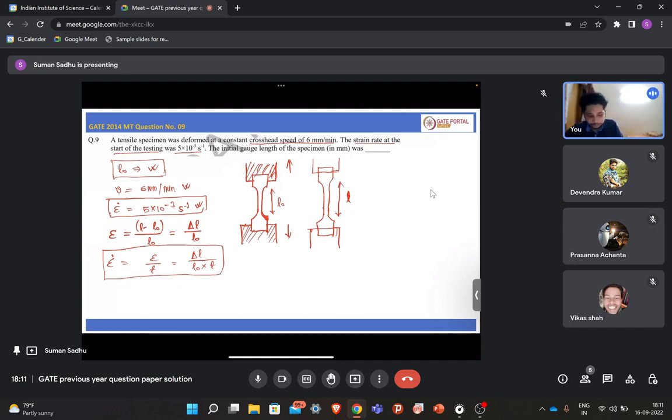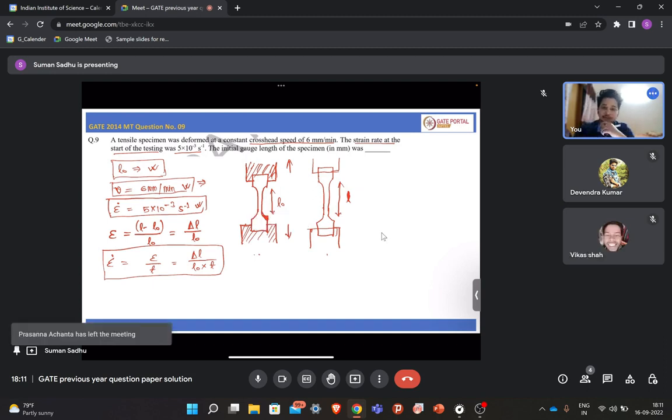Now how can we write the velocity of the crosshead, the crosshead speed, in terms of L? From these two diagrams you can say how we can write v in terms of L. This is initial and this is final, so how much is the change?